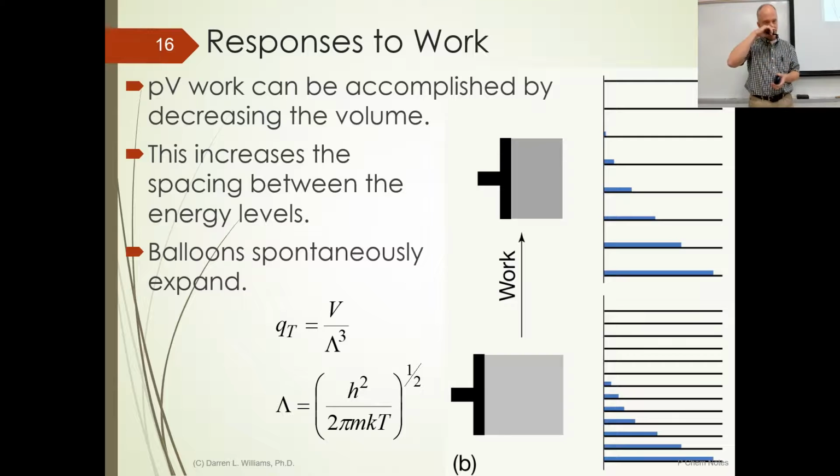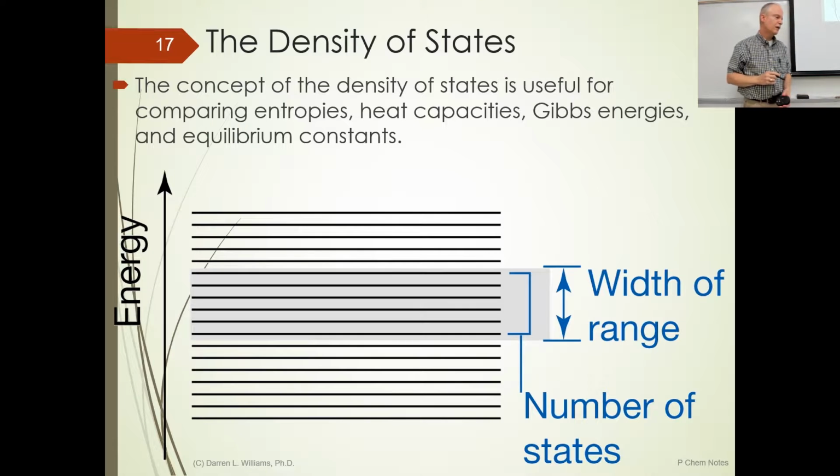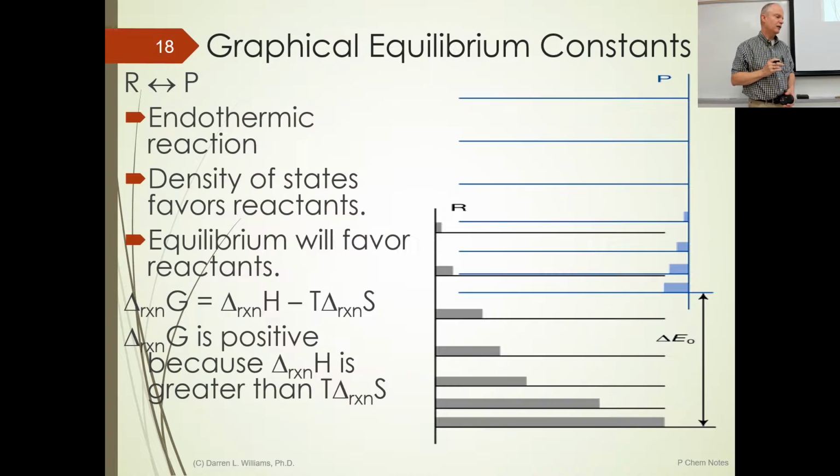So you can actually impact things with pressure, and that is, you're shrinking the size of the system. And so from the particle in a box analogy, if you have a smaller box, the energy levels are further apart. If you have a bigger box, the energy levels crush down. So responses to pressure can affect those energy levels. And so we can talk about this density of states changing with respect to pressure and other factors.